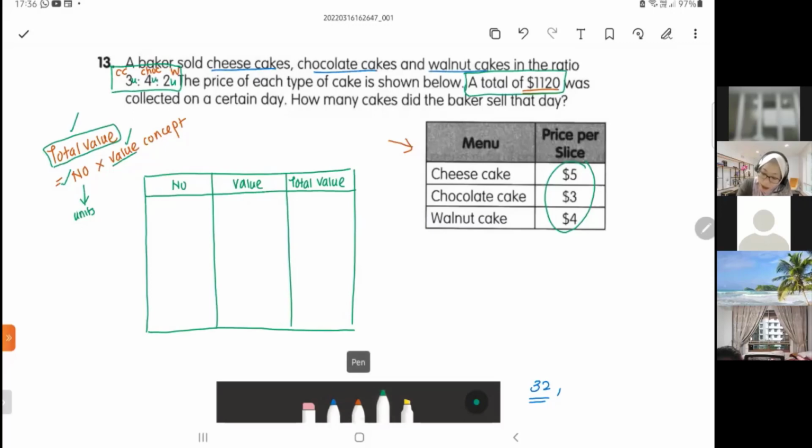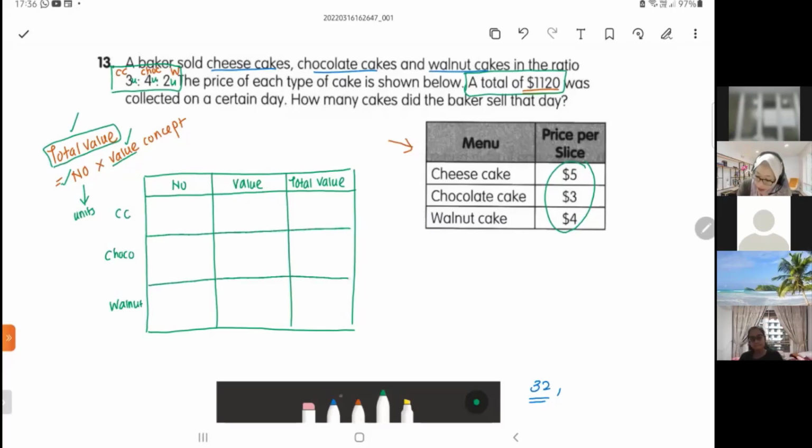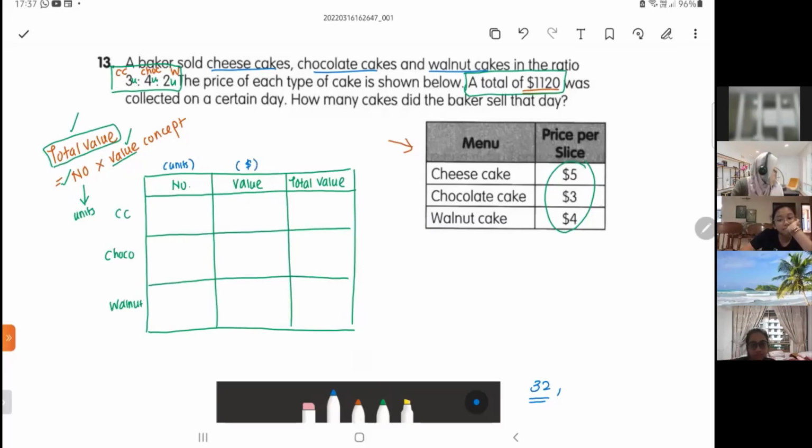Then we indicate at the side: cheesecake, chocolate cake, walnut. Then we cut it up into 3 columns like that. Just to let you know, the NO is not "no", it's short form for number. It is units. Value means it is the dollar, the cost of the slice of the cake. Total value will go back to units. Later on, you will see why.